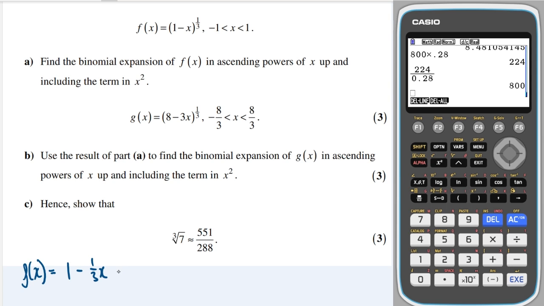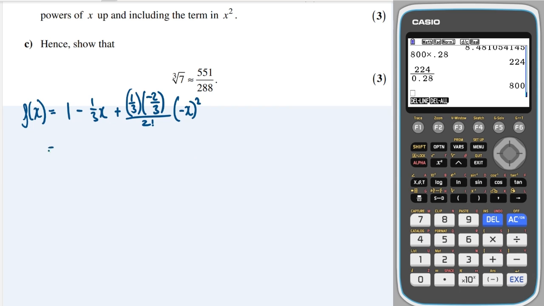And then we will have plus n minus 1 over 2 factorial multiplied by whatever the x is squared.